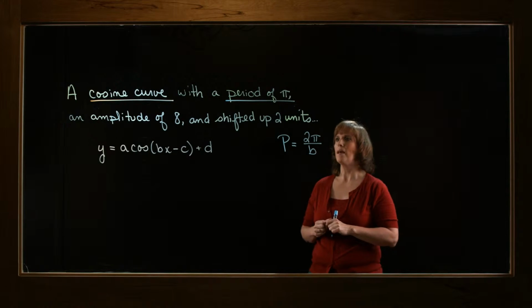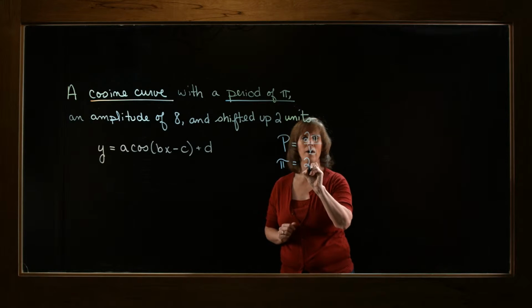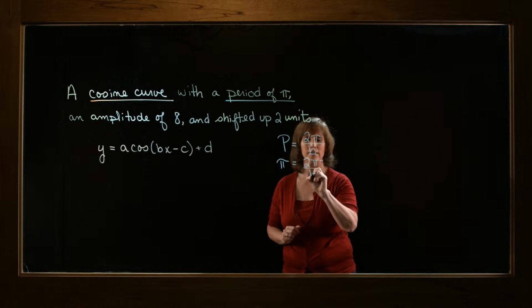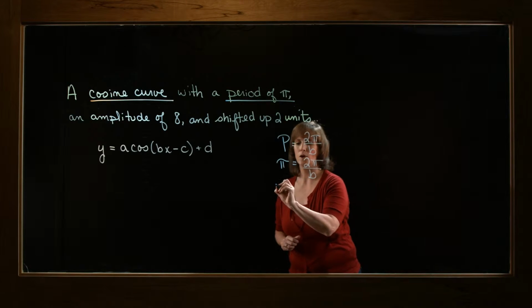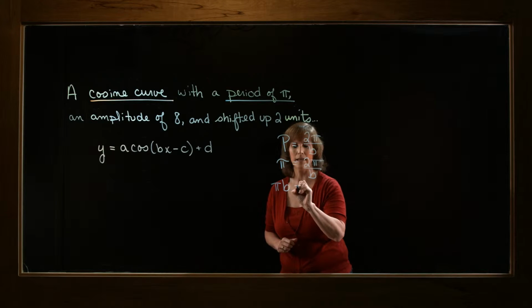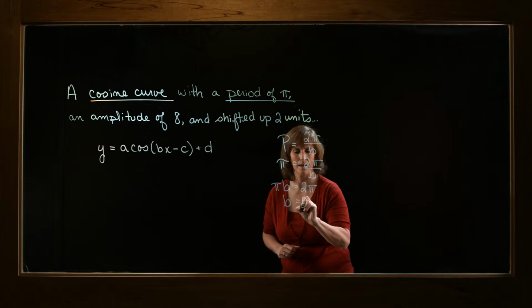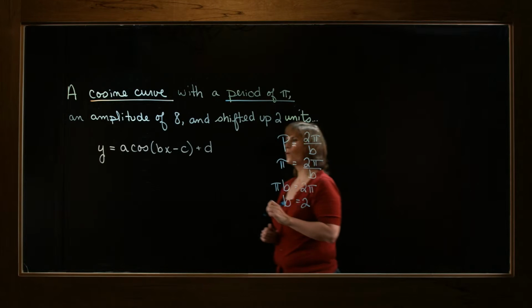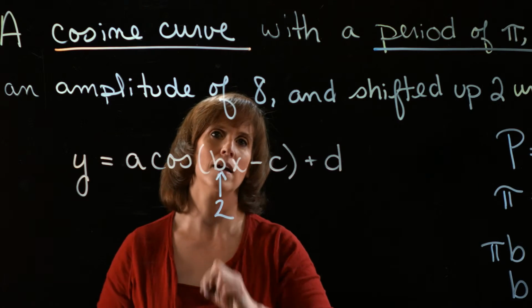Well, this time, I know what the period is. It's pi. So I have pi equals 2 pi divided by b. And then I can solve this equation for b. So pi times b is going to equal 2 pi, and so b equals 2. So I know that I need to replace the b with a 2.